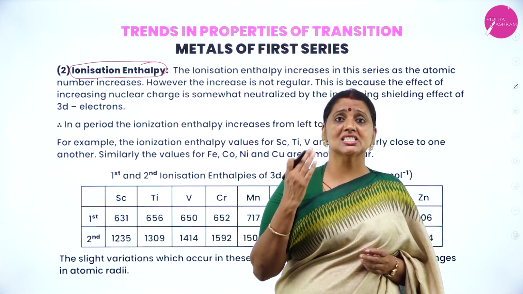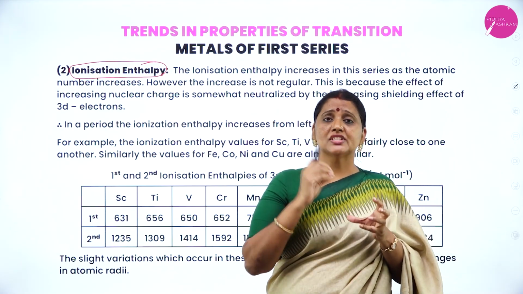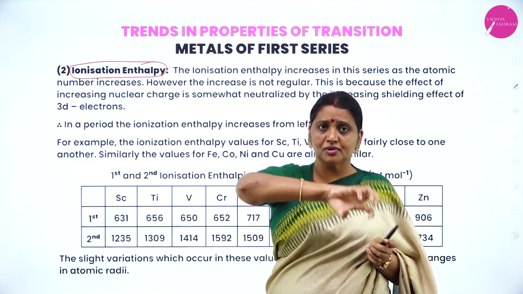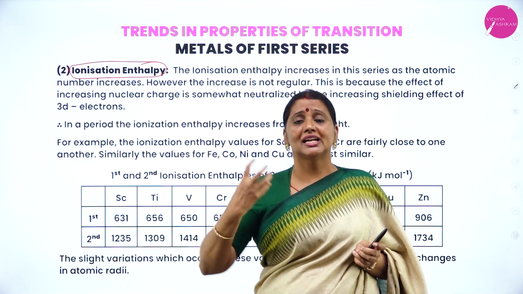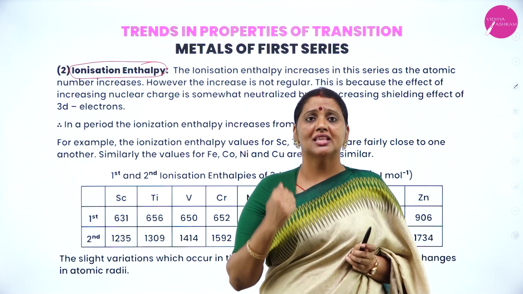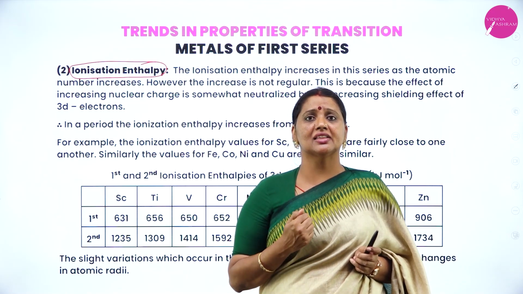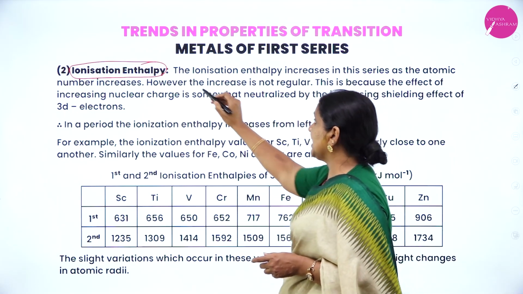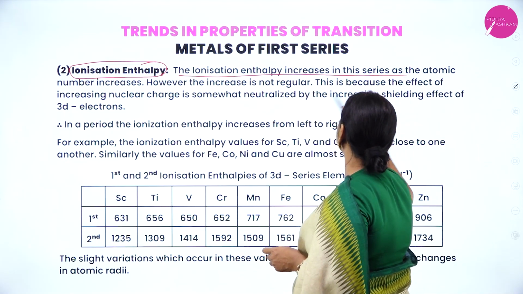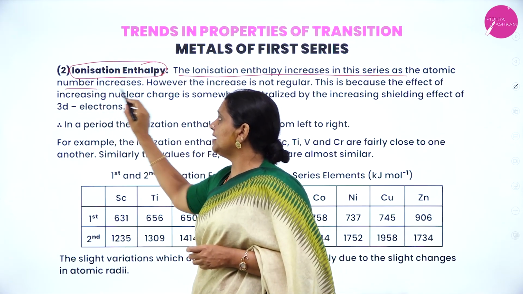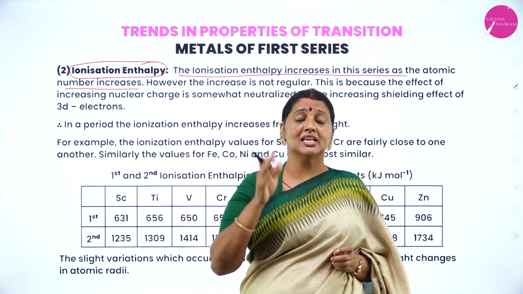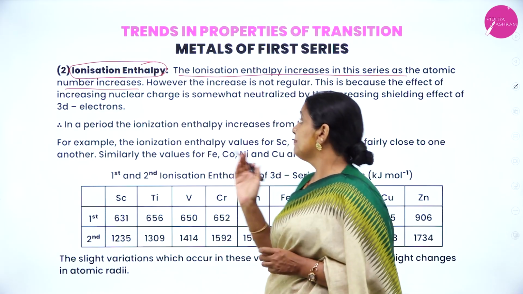The electron present in the outermost shell of the isolated gaseous atom requires a certain amount of energy to be removed. That energy is called ionization enthalpy, ionization energy or ionization potential. This ionization enthalpy increases in the series as the atomic number increases, along the period.